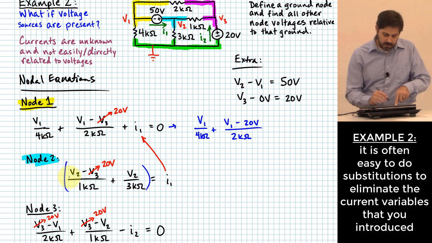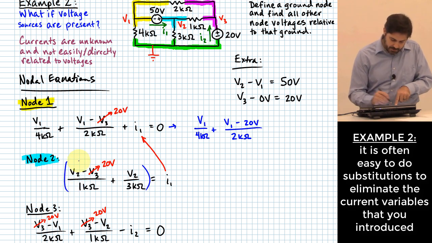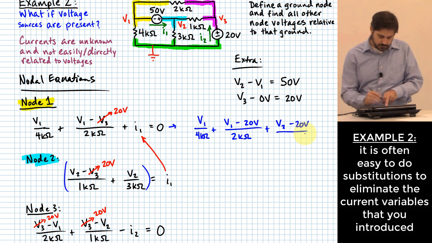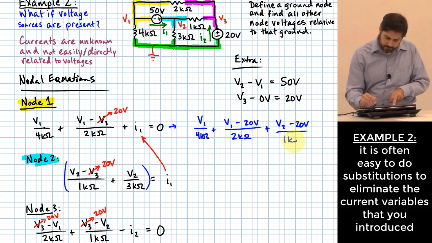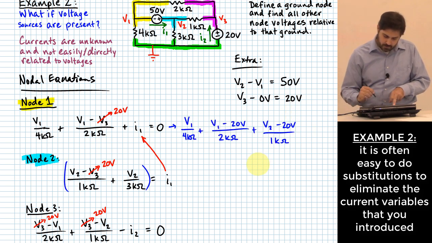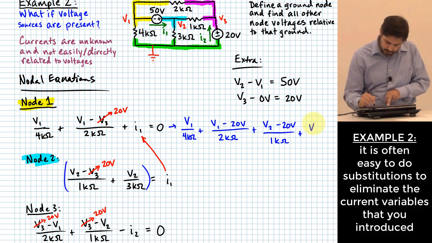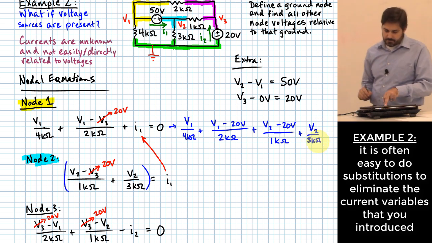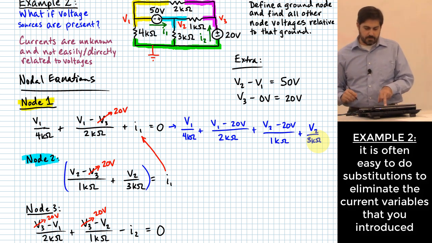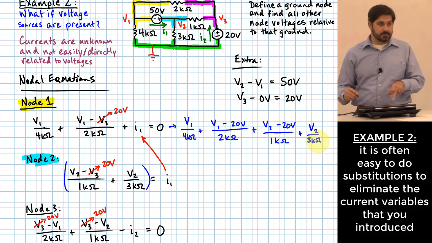So then I'm going to have plus V2 minus 20 volts over 1 kiloohm plus V2 over 3 kiloohms, what else?